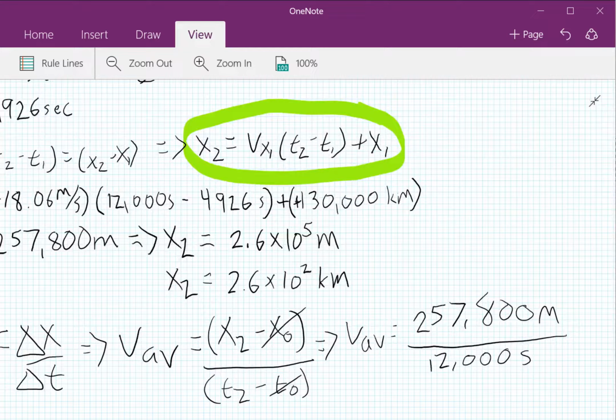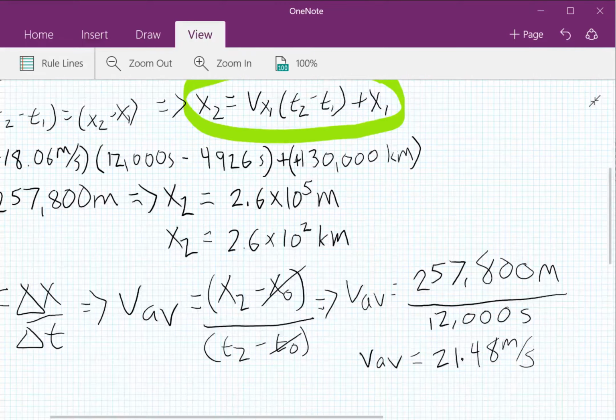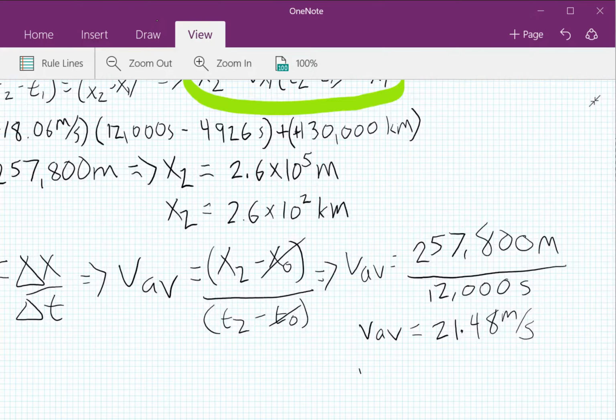So again, I plugged in 257,800 meters because we want the number that's not rounded, because we're finding a new value with the number that we actually calculated. And you should get an average velocity of 21.48 meters per second.